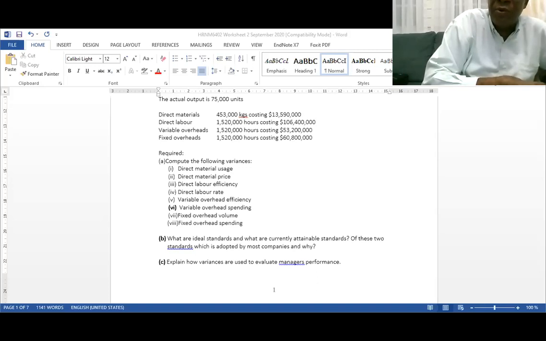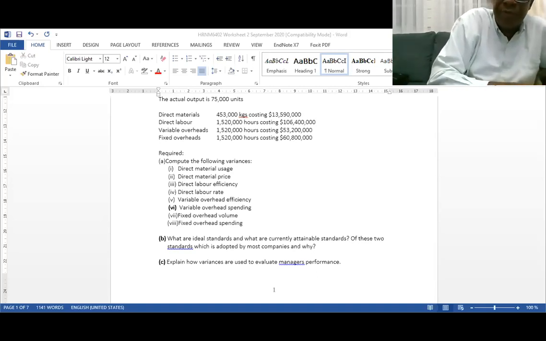So we work towards minimizing that by ensuring that we have scheduled, programmed maintenance. We might arrange on weekends, we're going to pull down the machine and maintain it because production takes place from Monday to Friday. So where there is no production on Saturday and Sunday, we can use the downtime to maintain our machines.